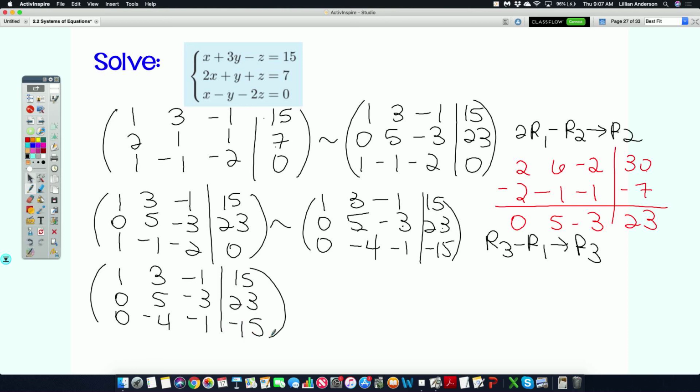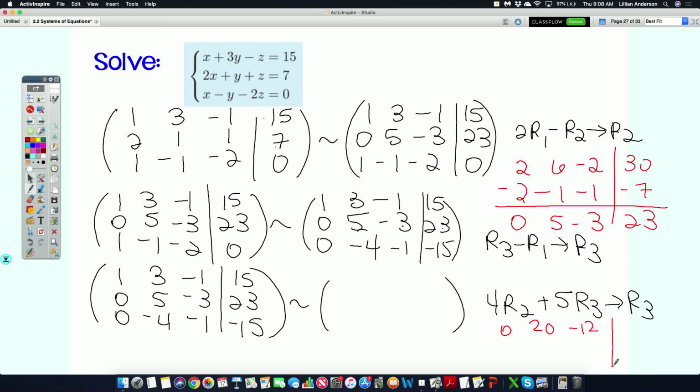Then to change that -4 into a 0, I'm going to multiply row 2 by 4, row 3 by 5, and replace row 3 with it. 23 times 4 is what? 92.